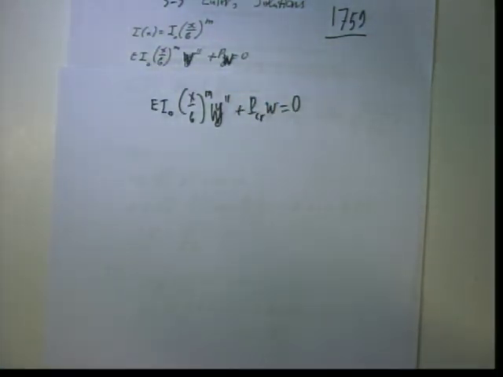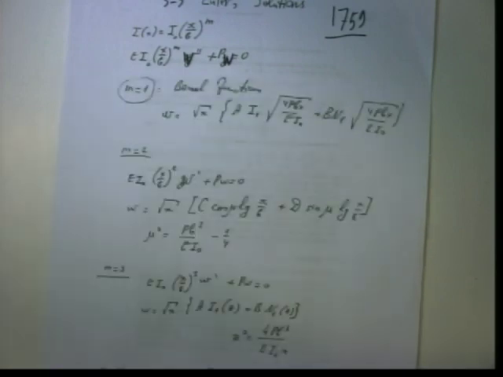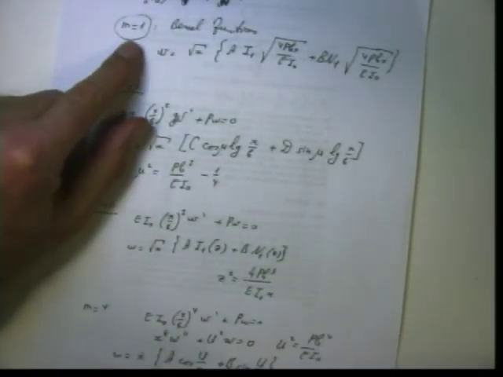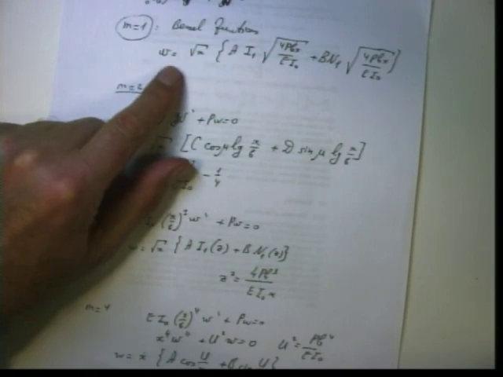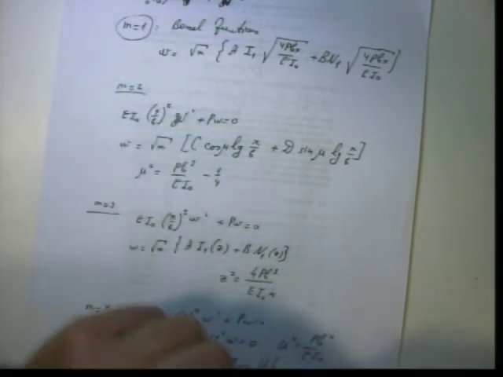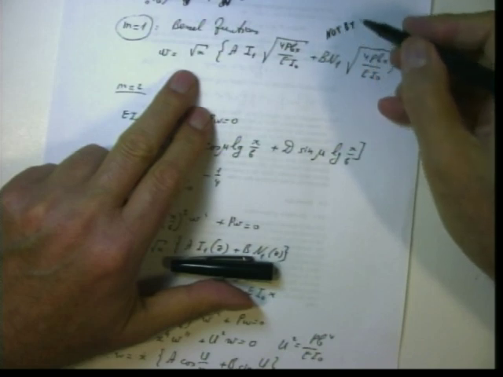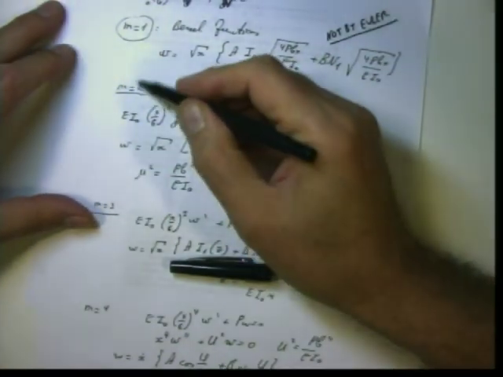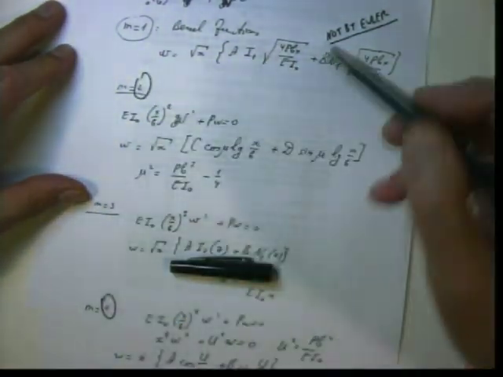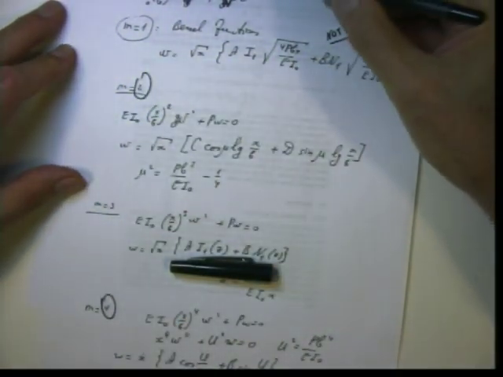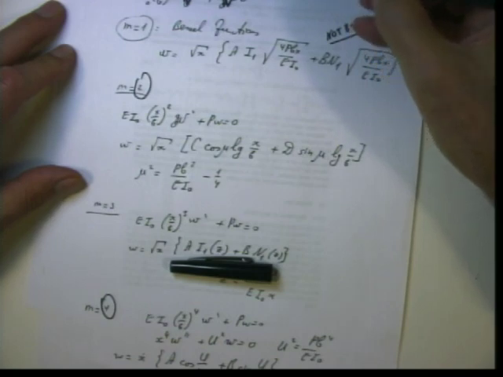Okay, if m equals 1, the solution is very difficult, it is not obtained by Euler. Bessel functions. Not by Euler. Euler obtained for m equals 2 and m equals 4.